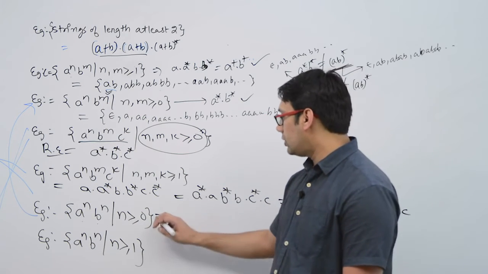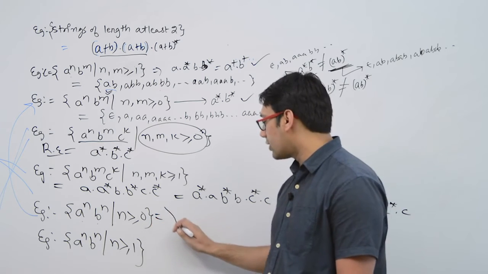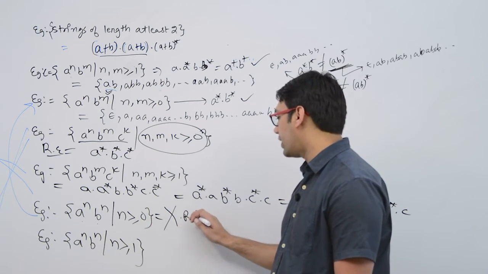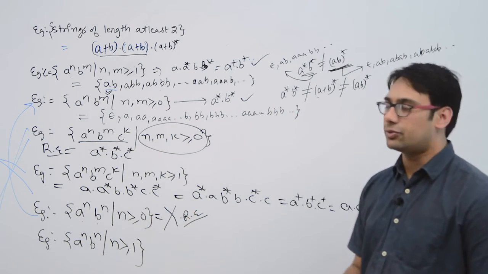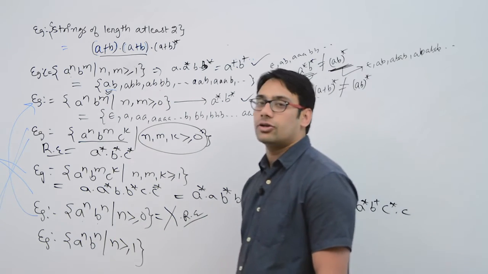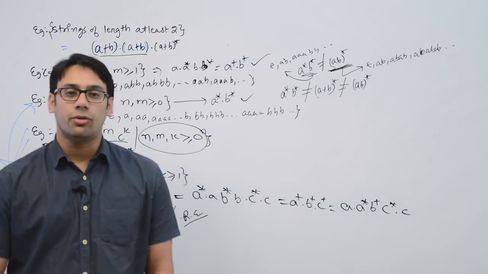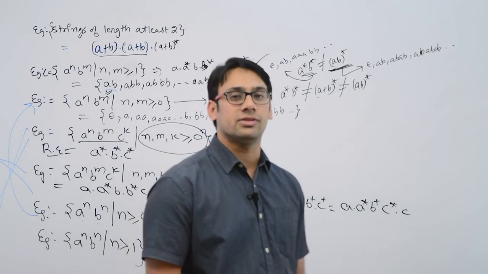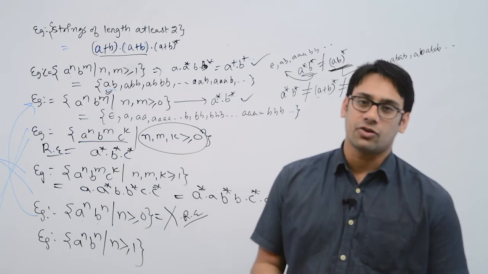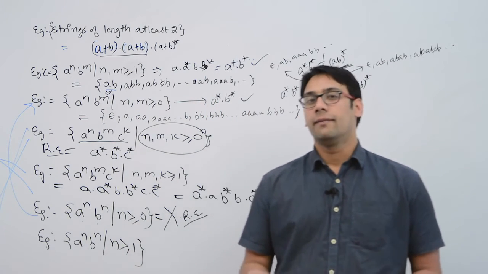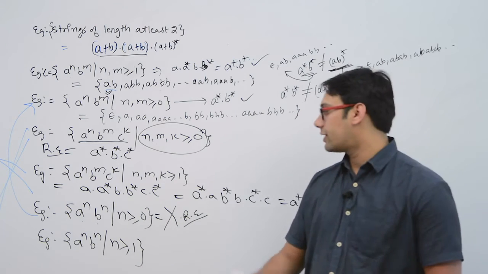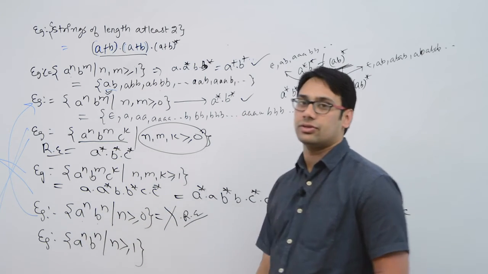Fine. By the way, for this language you can give a regular expression, which you will know at a later part of time. Just let me tell you here that this language is not at all regular, because here we have a comparison between a's and b's. The number of a's should be equal to the number of b's, right? But in case of finite automata, we cannot draw a finite automata for this language.